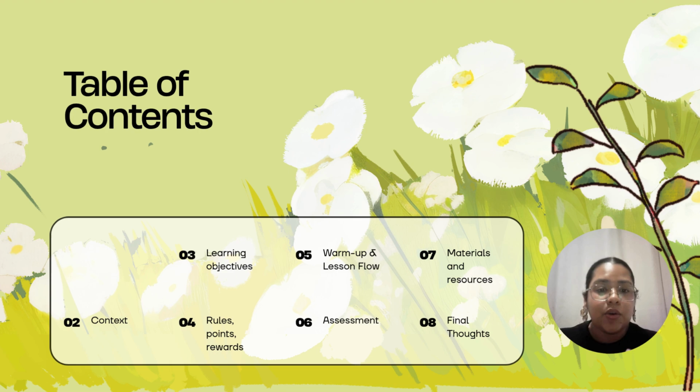We're going to go through the warm up and the lesson flow itself, what it takes to put this lesson plan into action. We're also going to analyze the assessments that will be carried out at the end of each activity, the materials and resources that were used for this lesson plan, and some final thoughts as well.